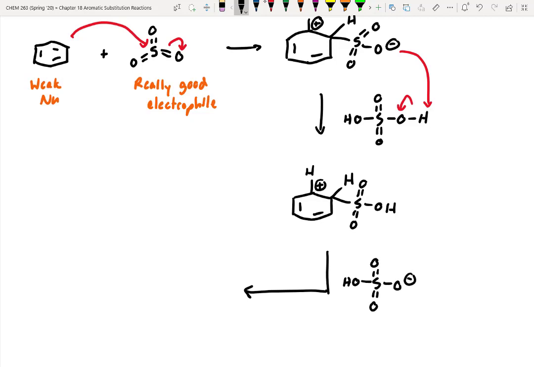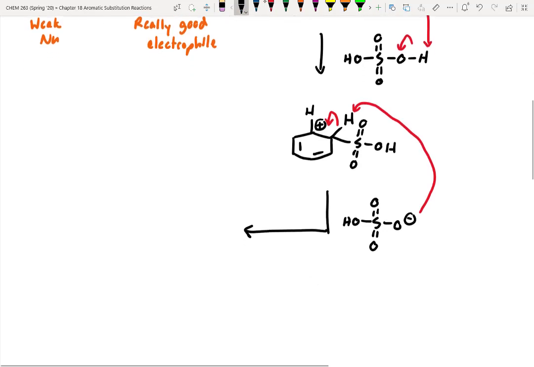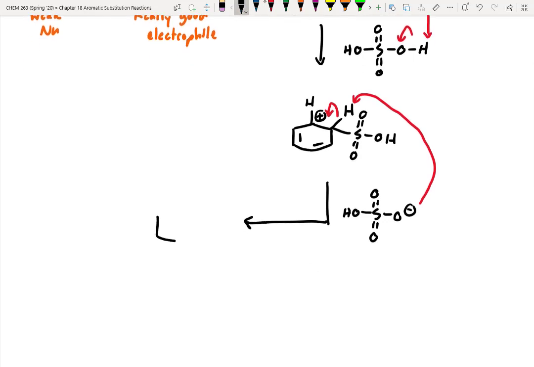So up above here, this acid is going to give us this conjugate base, and it's going to help us by grabbing this proton and then clamping down. So when we do this reaction, we're going to restore aromaticity, and we're going to end up with our neutral product and sulfuric acid.